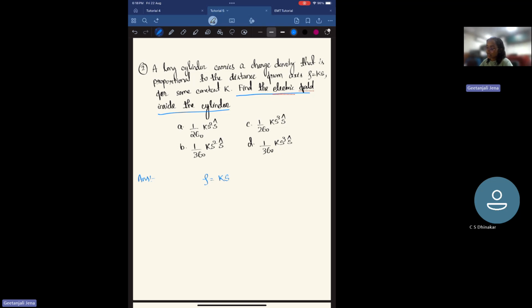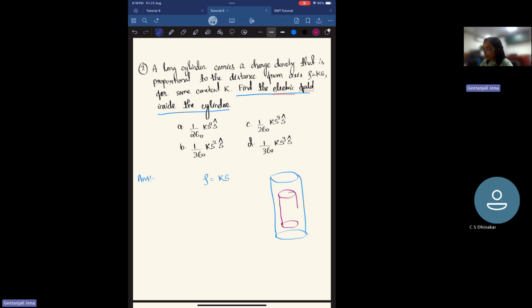So here it's a long cylinder, and the charge distribution is symmetric, which is rho equal to ks. So we can make use of Gauss law.